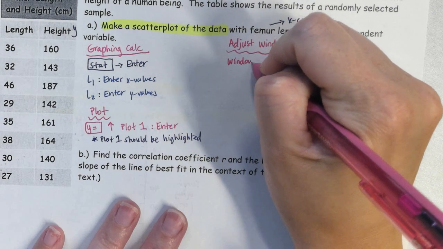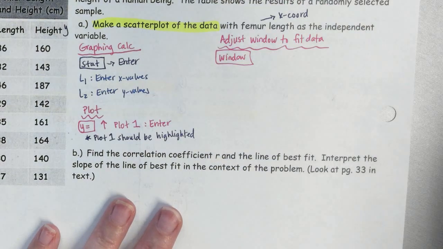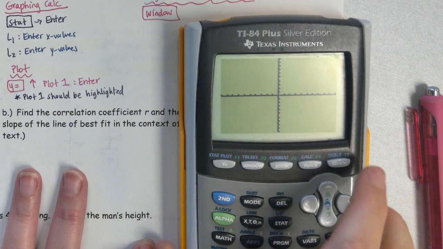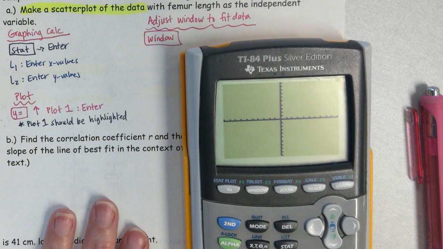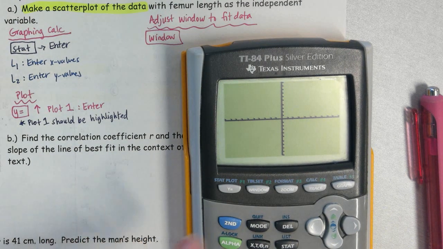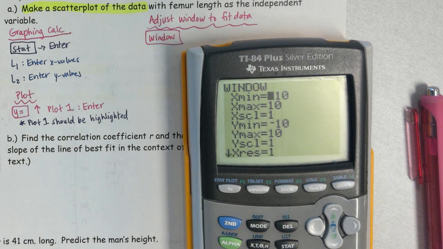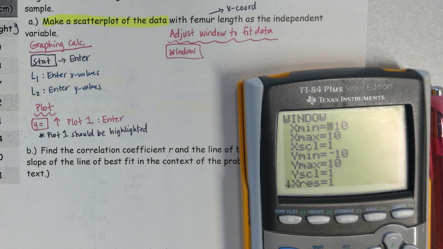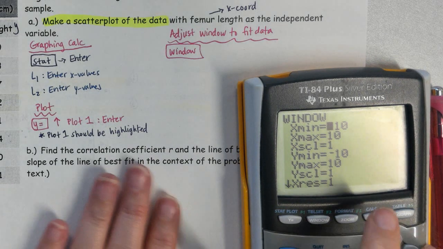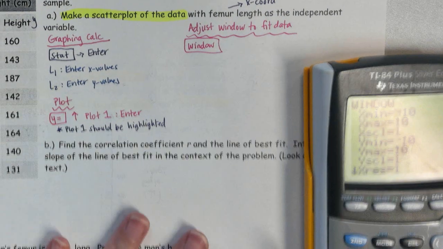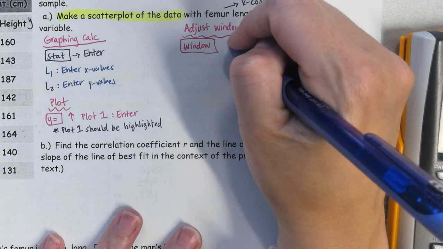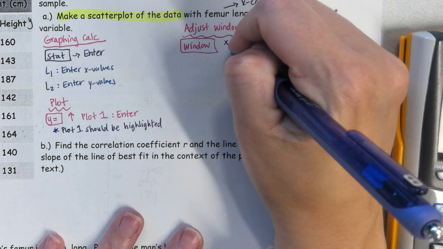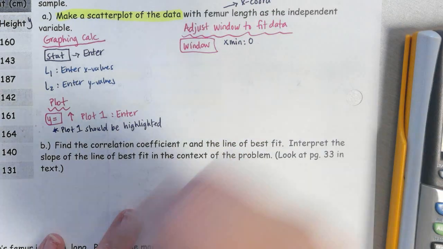So there is a window button. So adjust window to fit data. Okay, so a lot of us already have the negative 10 to 10. To adjust the window, they're going to ask you for the x minimum and the x maximum. Okay, so because this is data, the x min can be 0.